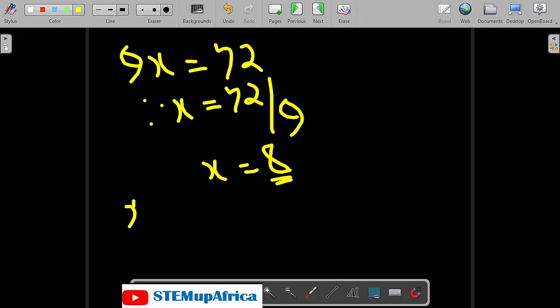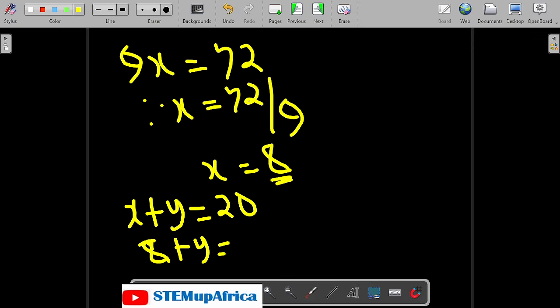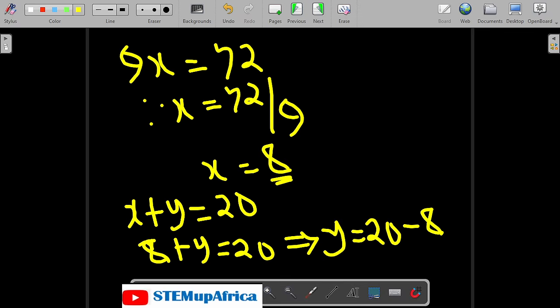Equation 1 says that x plus y equals 20. So having 8 plus y equals 20, this implies that my y will be 20 minus 8. y will give us 12. So I've gotten the solution to question 4a. x is 8, y is 12.